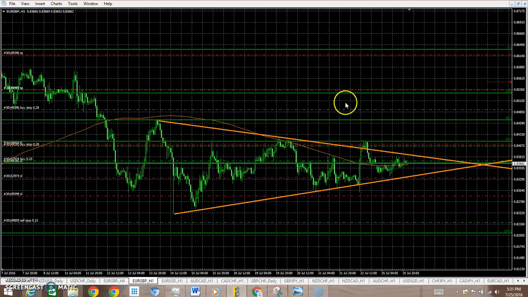So my current risk reward ratio is 1-to-1, and I do not take any trade unless my risk reward ratio is at least 1-to-1, meaning at least I'm risking my money, and I'm either going to lose that money or I'm going to make double that money. And if I can look for a higher risk reward ratio, that's better. But 1-to-1 is my bare minimum.